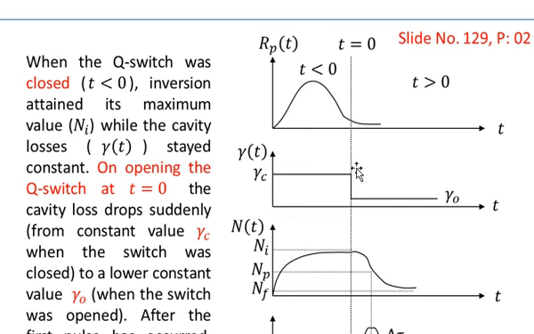And when the gain curve remains greater than the value of the losses, then of course there will be a contribution to the number of photons in the cavity. But when the gain of the system becomes smaller than the loss, then of course the lasing action starts due to this process.